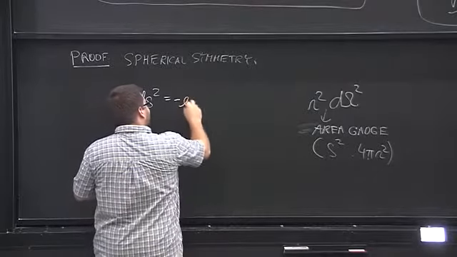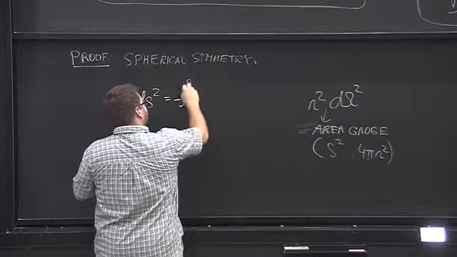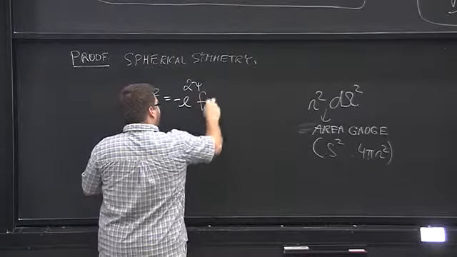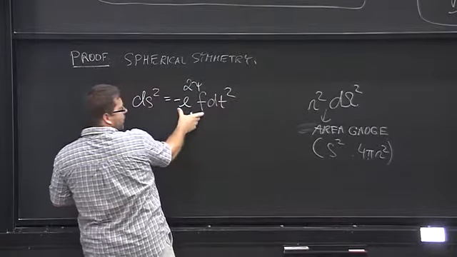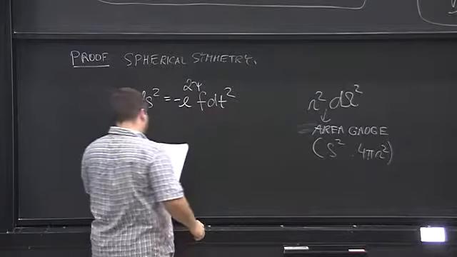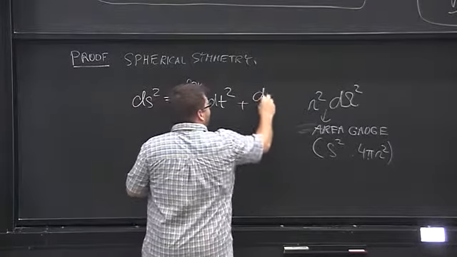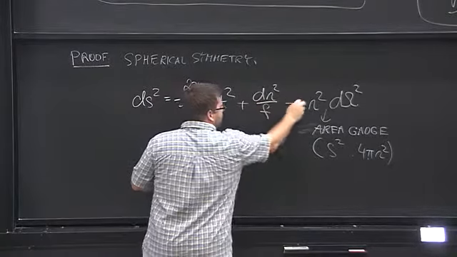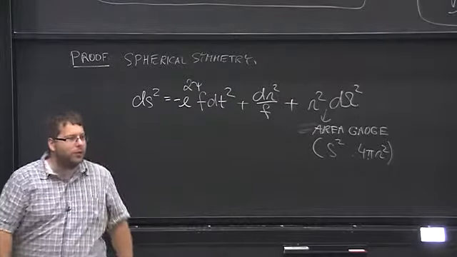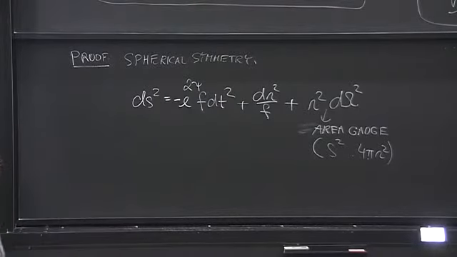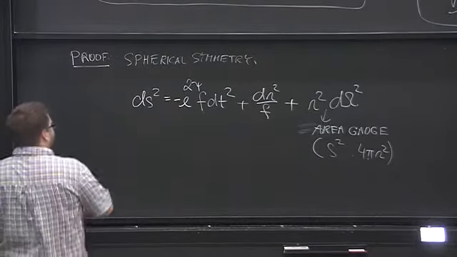Okay, so let's write it in this clever way: minus e to the 2 psi f dt squared. So there's one function standing in front of dt squared, and then another function standing in front of dr squared. The statement is that this is the most general spherically symmetric metric you can write down.